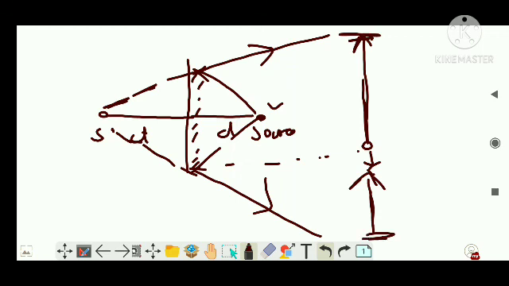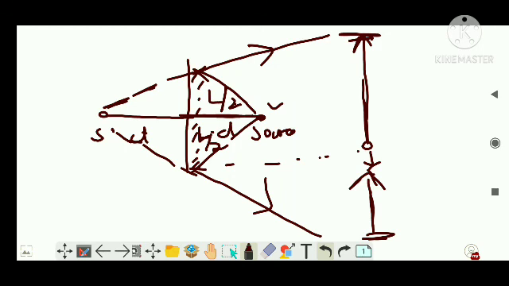Now let's say this is length L by 2 and this is L by 2, because the source is kept right in the middle.